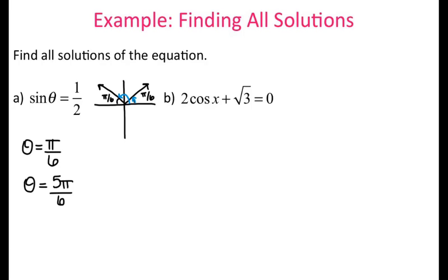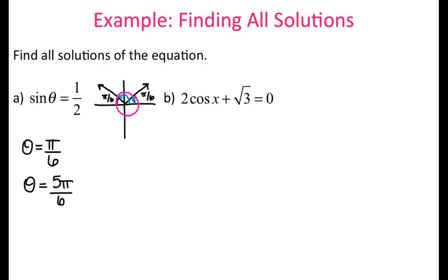Now the directions say to find all of the solutions of the equation, so it's not going to be limited from 0 to 2 pi, we need to find all of the solutions. There's actually an infinite amount of solutions that can work for this, because I can keep going around. Let me draw this. I can start right here and go around a full rotation. That's still going to give me that y-coordinate being 1/2. I can go around again, and I'm still going to have that y-coordinate be 1/2.